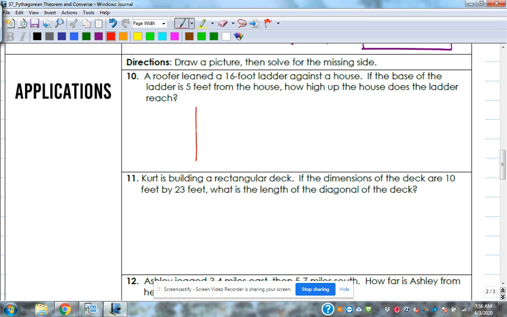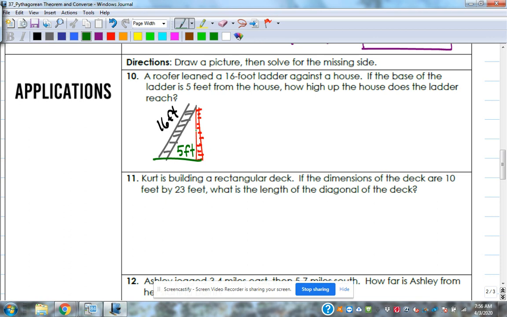So we've got a house. Assume it's brick. There's a fancy looking brick house there, and we've leaned a ladder up against that. Here's just a ladder. And that ladder is 16 feet, and the distance of the ladder from the base of the house is 5 feet.